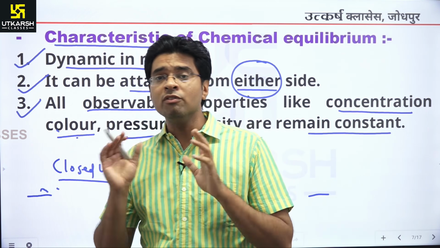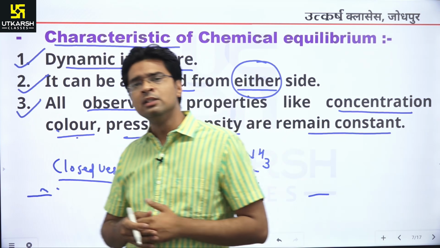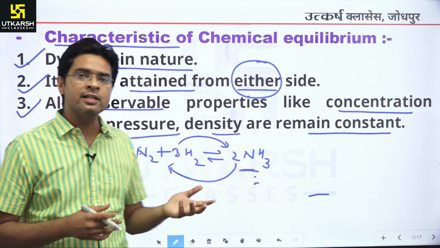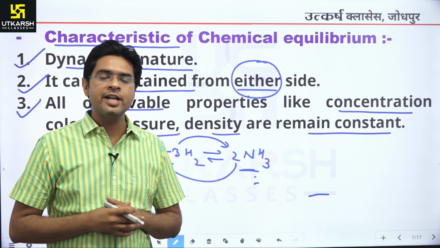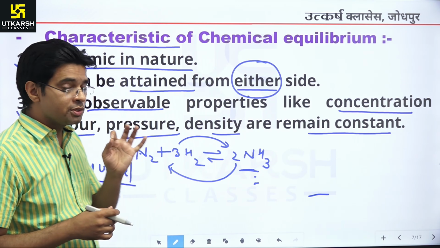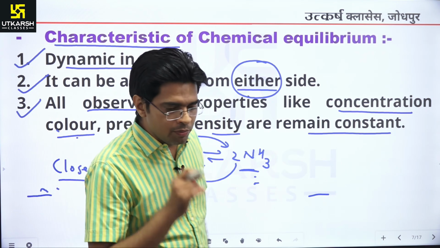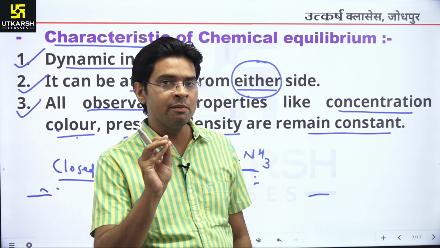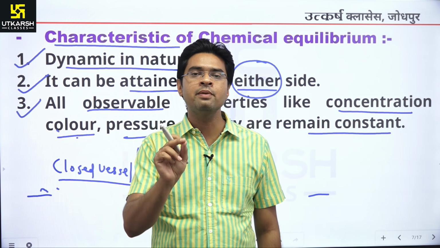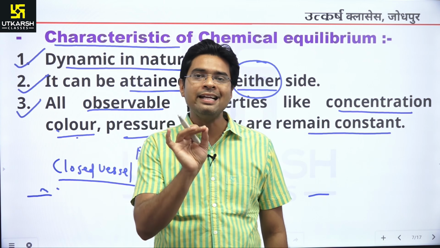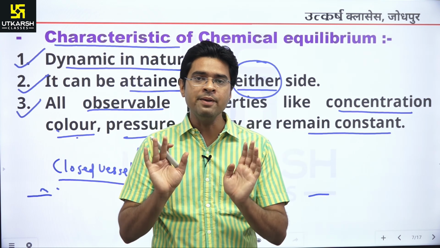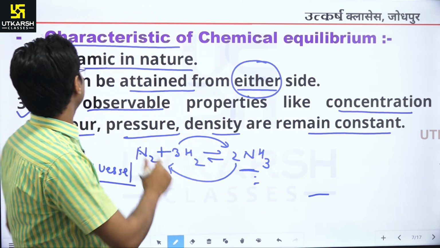Now we have gone through three different kinds of plots. One is concentration versus time, the other is also concentration and time, and the third one is rate versus time. The most important point is that at equilibrium concentration remains constant. Always remember, concentrations remain constant while the rates of forward and backward processes are equal. Third is the characteristics.